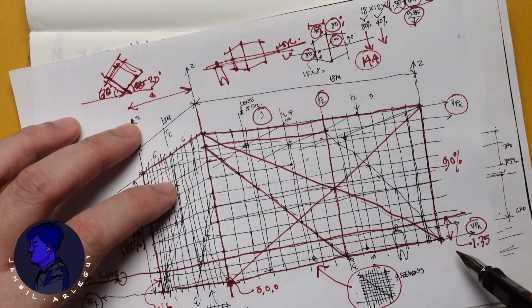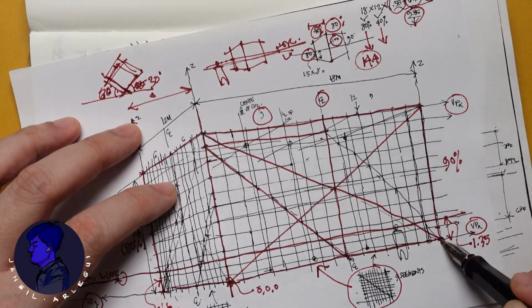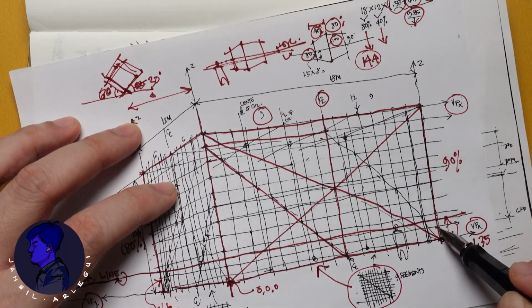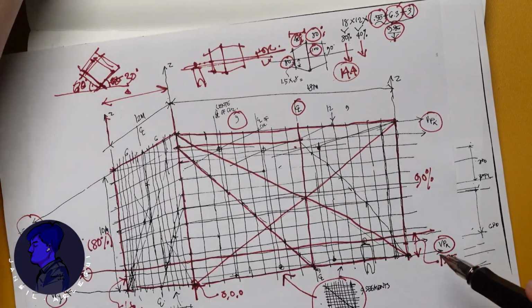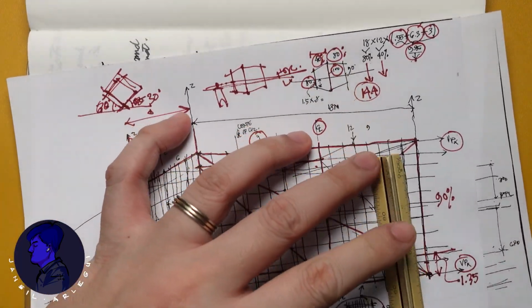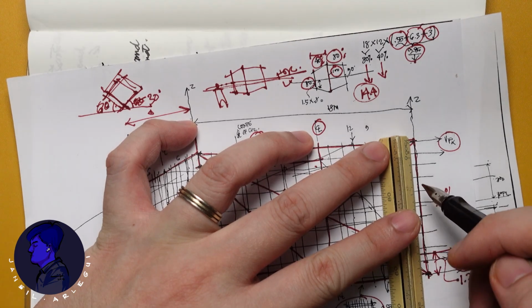You can measure if you need from the ground. For example, here you measure 90% times 1 would be 0.9. So in your scale ruler, you can do that, and you start measuring 0.9, each 0.9.